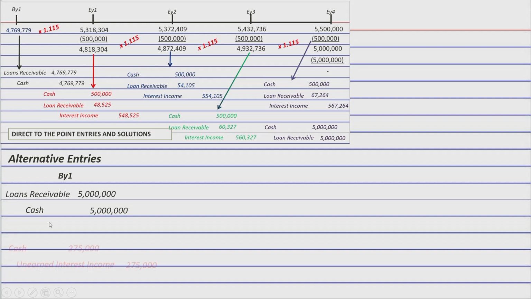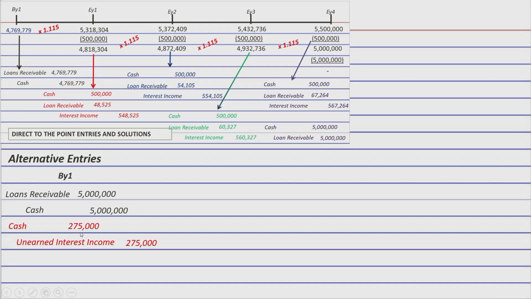That's debit cash and then credit a new accounting title, unearned interest income. In this problem, that's 275,000, which is derived from 5.5% of 5 million.